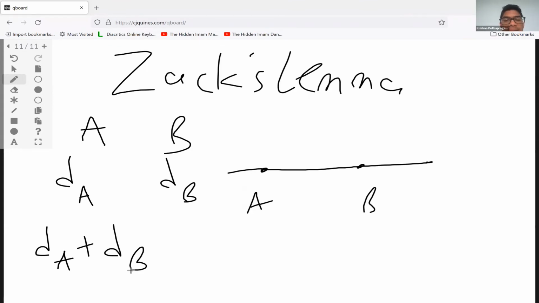And if A and B coincide for k values of t, the degree is at most d(A) plus d(B) minus k.